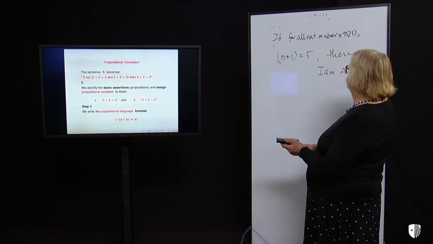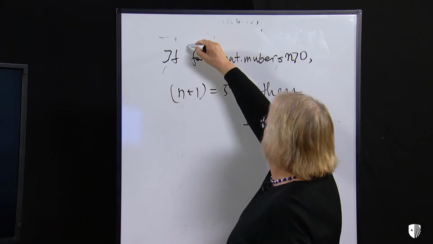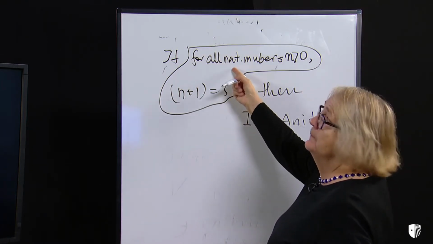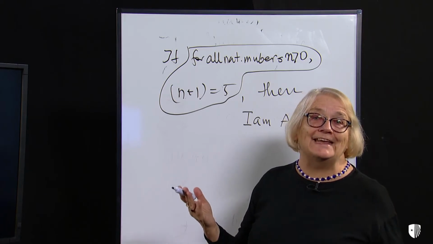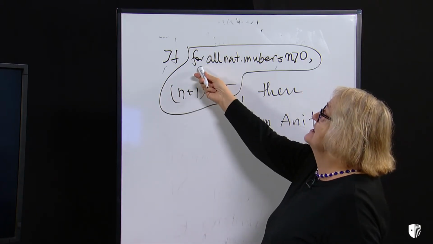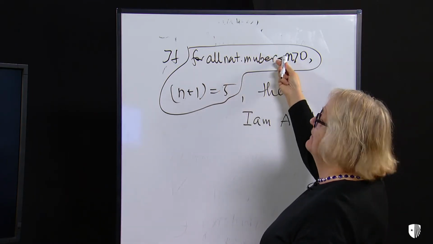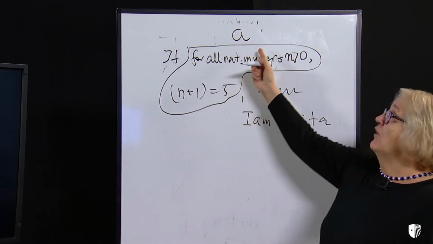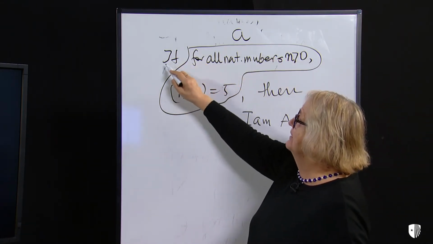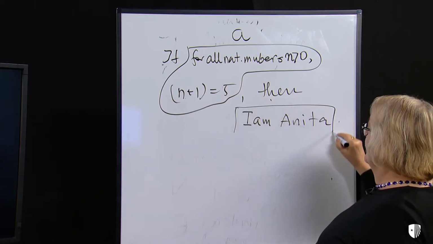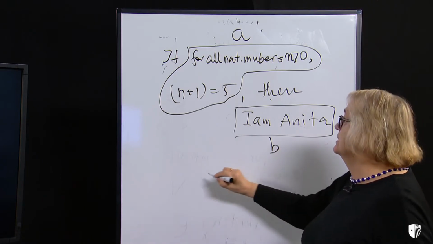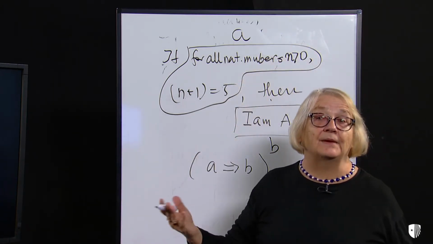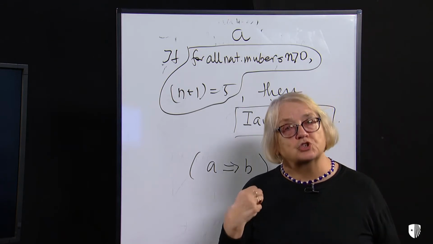So when you look at this, the whole first part becomes a basic statement, because in the propositional language you do not have the means to represent "for all natural numbers," etc. From the propositional point of view, that would be A, and the connective is if... then, and that would be another propositional statement B. So the translation would be A implies B, and this basic statement can be very, very complex from the propositional point of view.